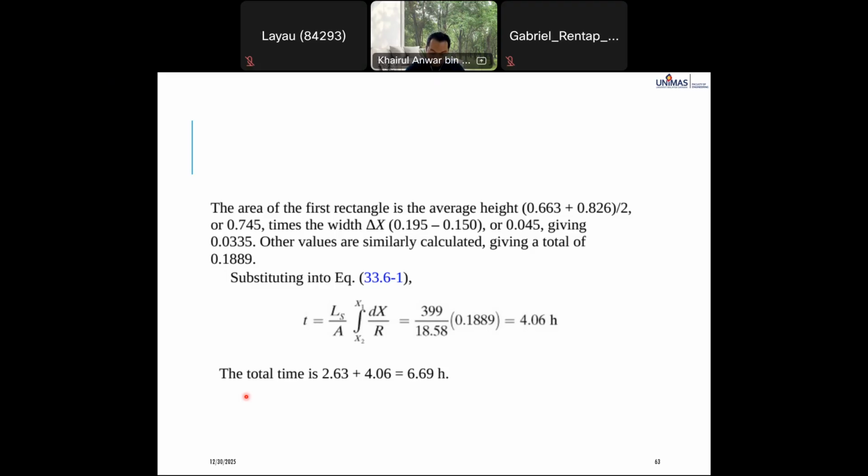Other values are similarly calculated, giving a total of 0.1889.